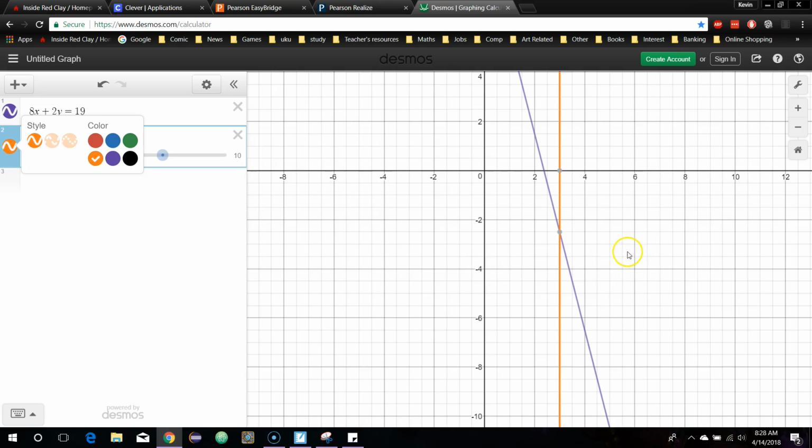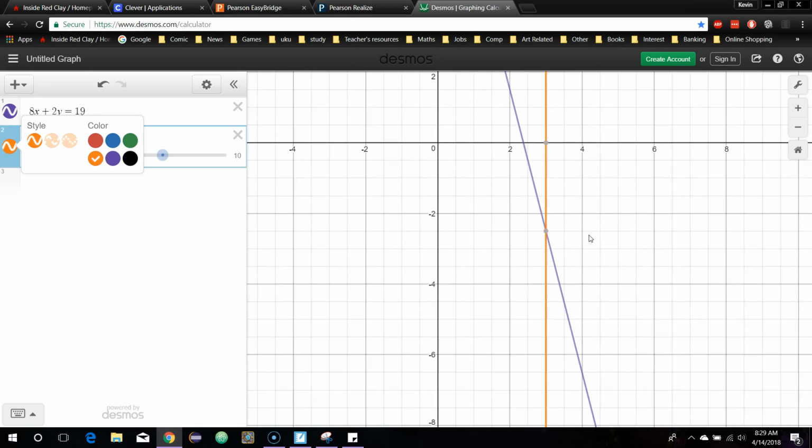Okay, so if they didn't force you to use a substitution method, or eventually you'll learn something called elimination, the easiest way for me would probably be drawing it out. So just like before, we actually did this in class and said, okay, if they intersect, this 3 and negative 2.5 is going to be the solution for this system, where the intercept is the solution.